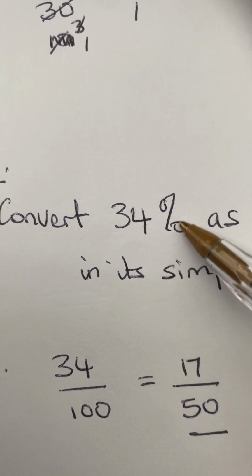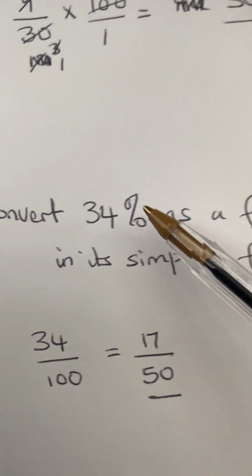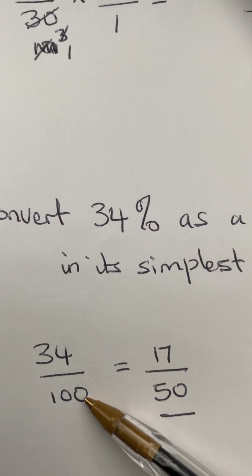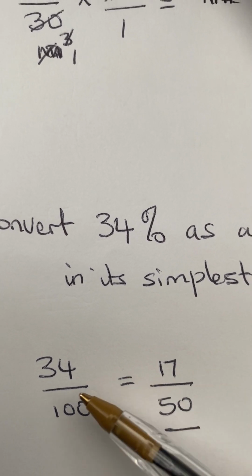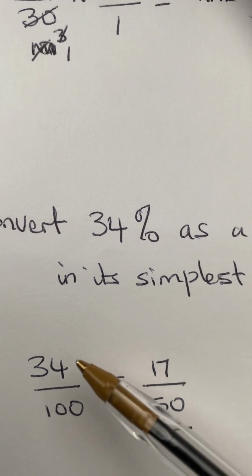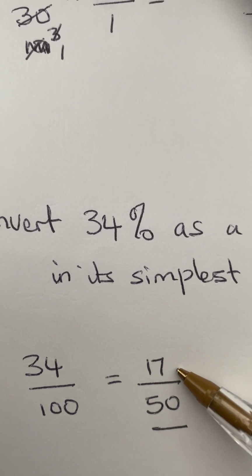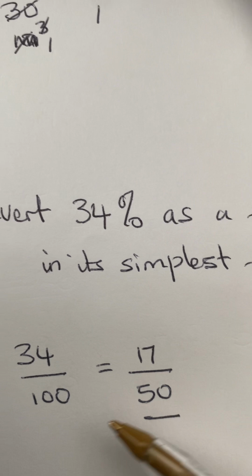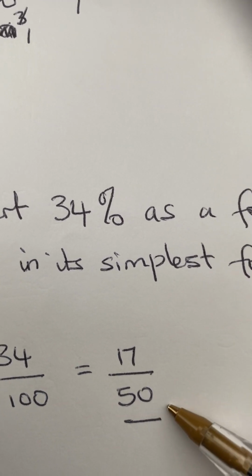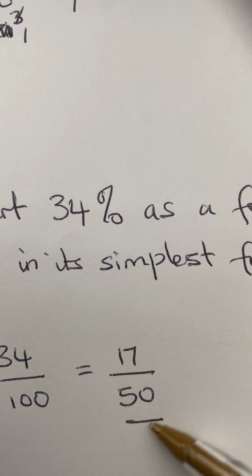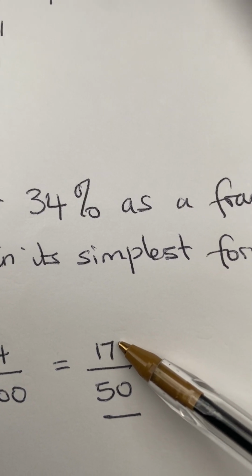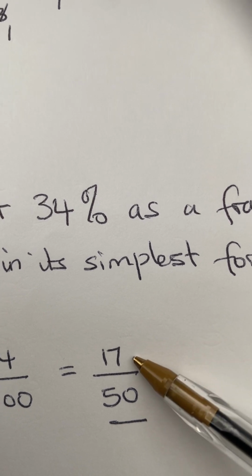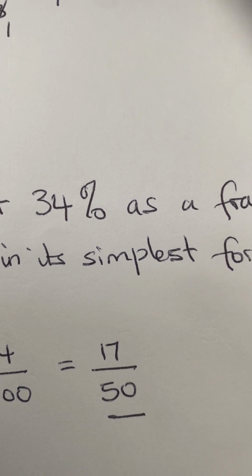So immediately they said 34%. You know that your fraction is 34/100. Okay, so 34/100. Half of 34 is 17. Half of 100 is 50. There is no common factor for 17 and 50. So our simplest form is 17/50.